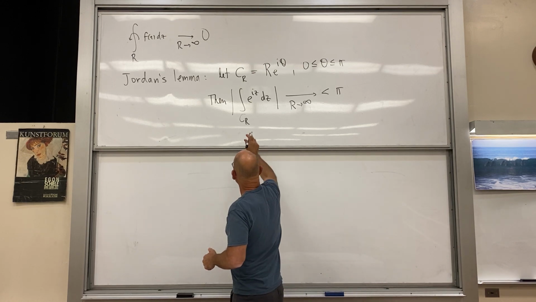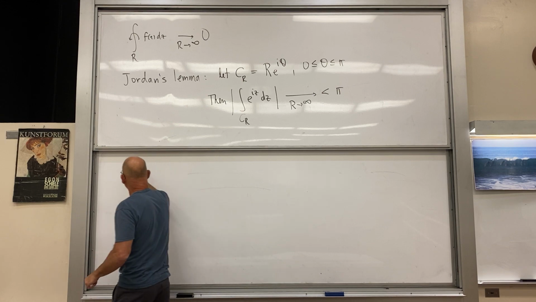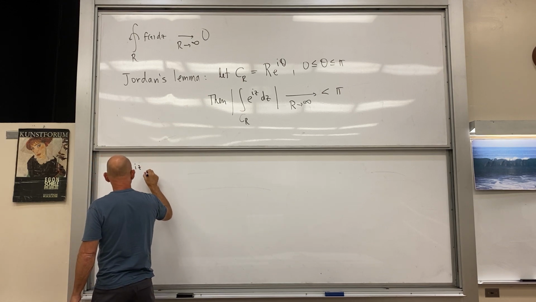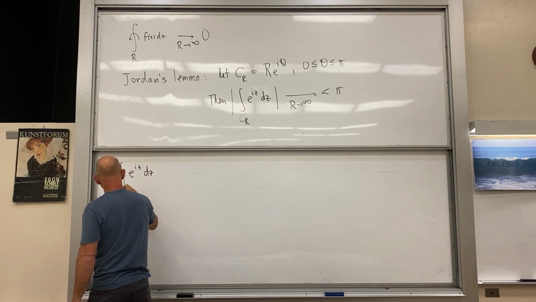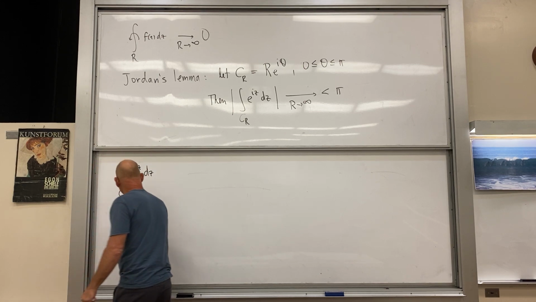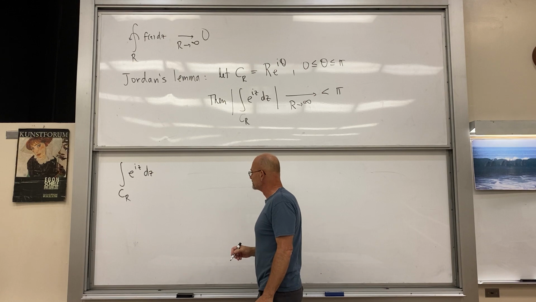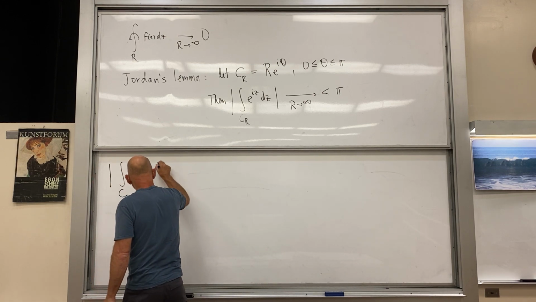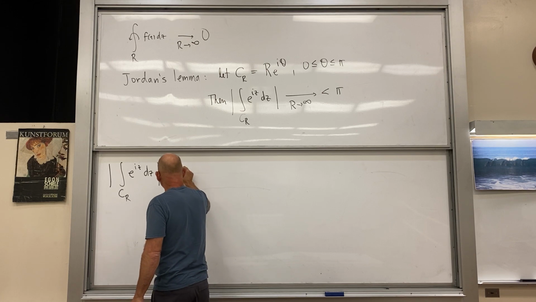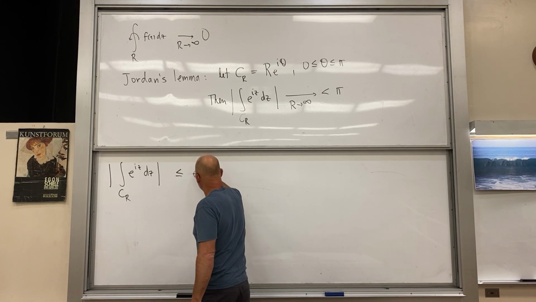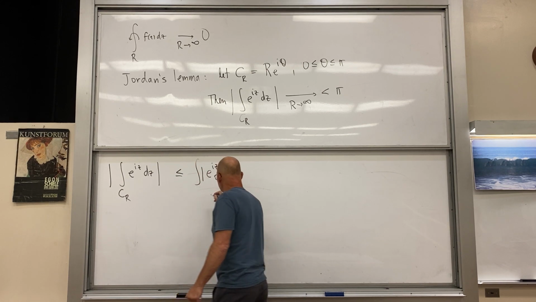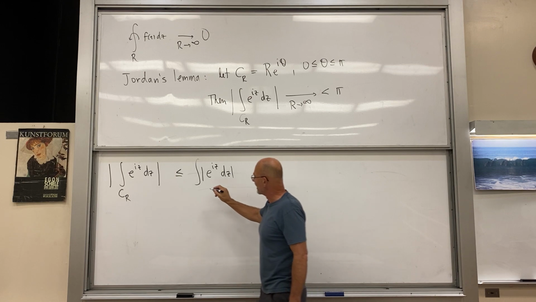Okay, so this is the integral that we're looking at. e to the iz dz along this contour. And we're going to estimate it. So that's less than or equal to the integral of e to the iz dz when we take the absolute values inside the integral sign.